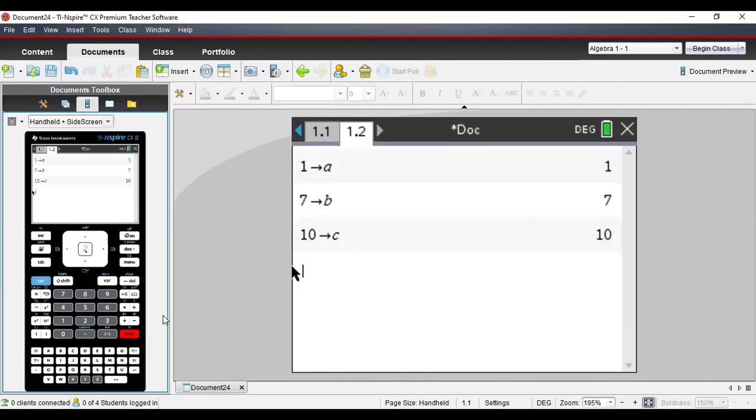Now we're just going to put the quadratic formula in. So we're just going to go control divide. So this is going to be negative B plus square root of B squared minus 4A times C, over 2A.